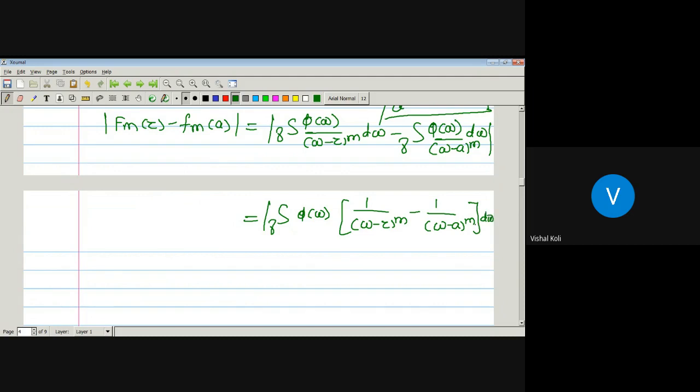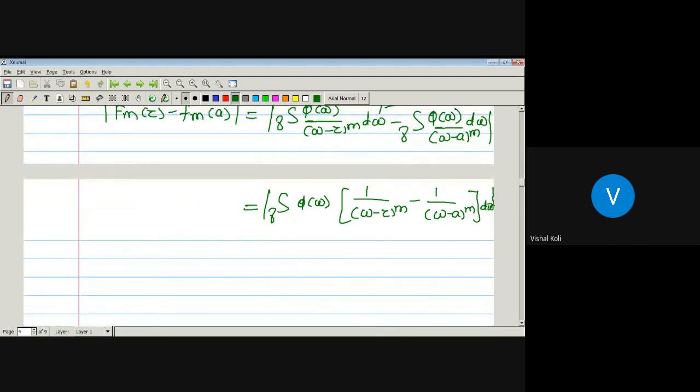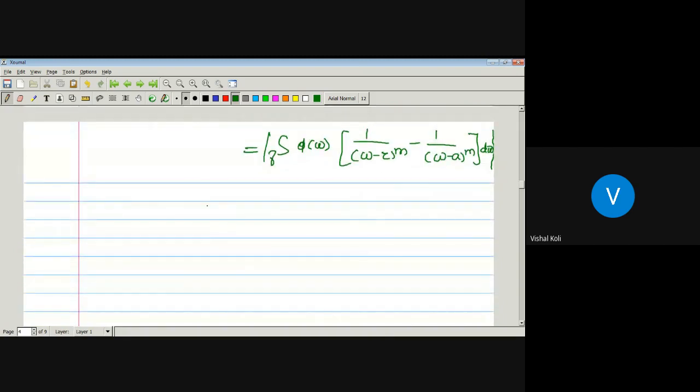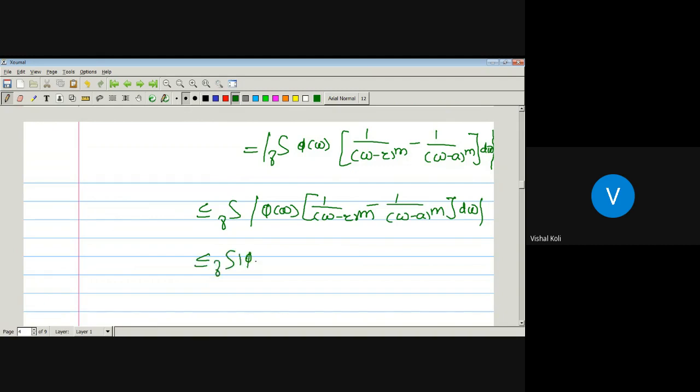Again, we know that modulus of integration is less than or equal to integration of modulus. So this quantity will be less than or equal to the integral over the curve gamma of modulus of phi of w into modulus of 1 upon w minus z to the power m minus 1 upon w minus a to the power m, times modulus of dw.